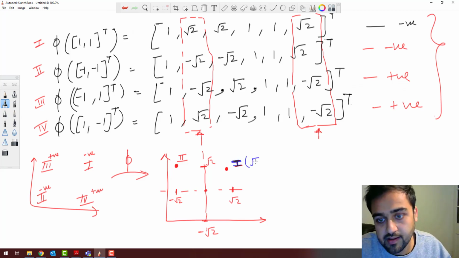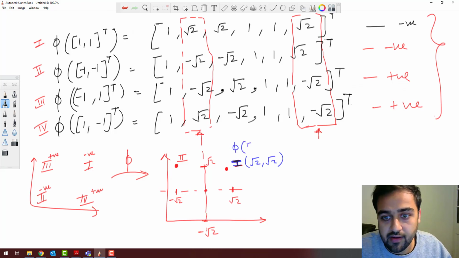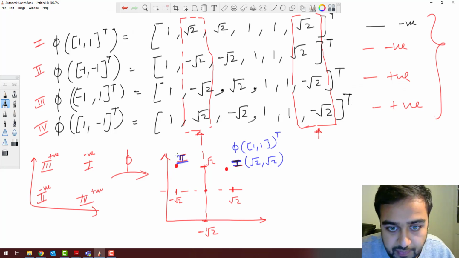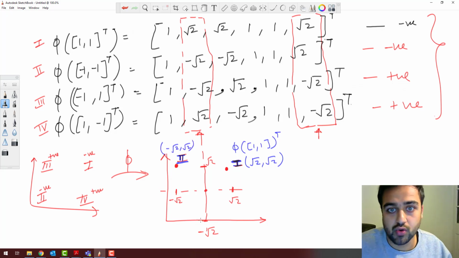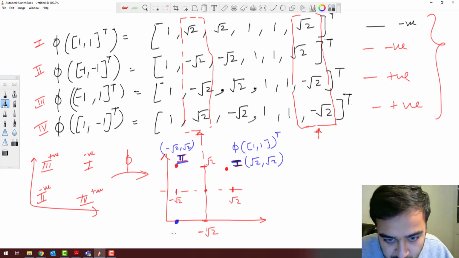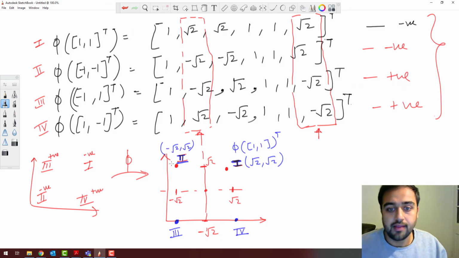So this was our first point, root 2 comma root 2 or phi of (1, 1) transpose. This is our second point, that is minus root 2 comma root 2. Our third point is minus root 2, minus root 2. This would lie somewhere here. And similarly, our fourth point would lie here.